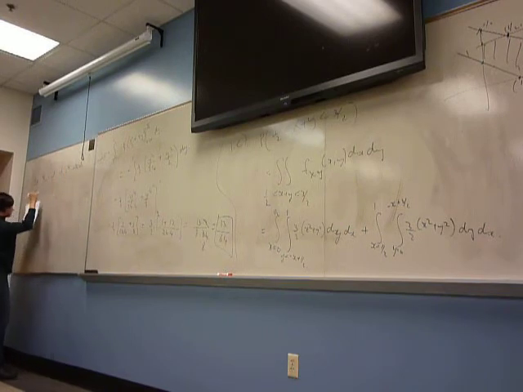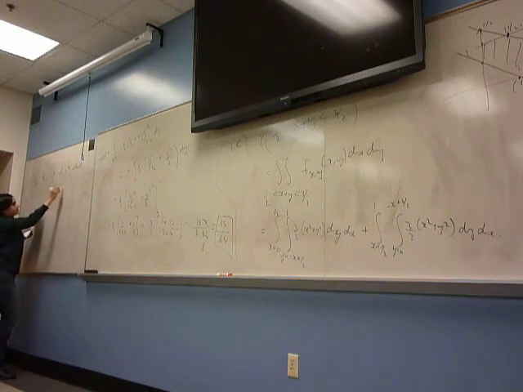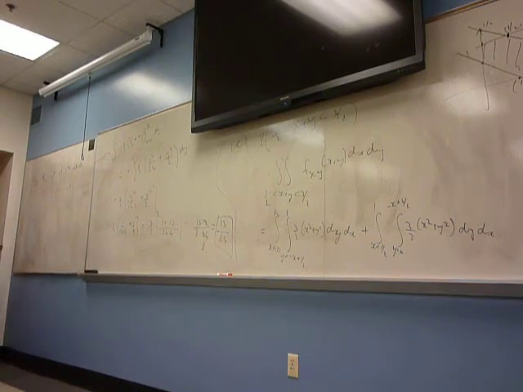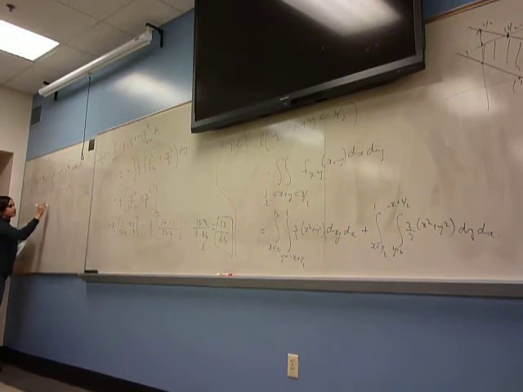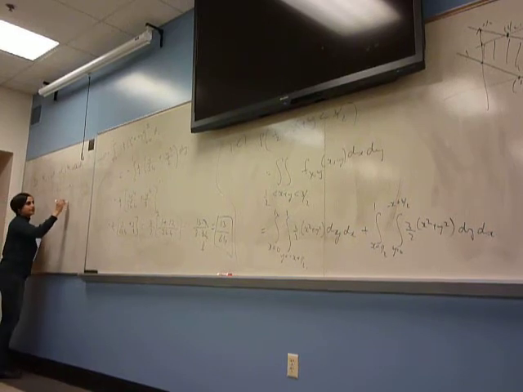And how many athletes are we talking about? 12. So you have 12 athletes, Xi's are their corresponding weights, and I can assume that they're independent. If you don't think it's obvious, then you state, assume Xi's are independent.